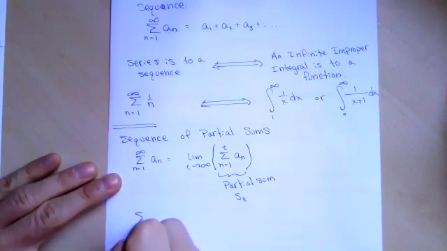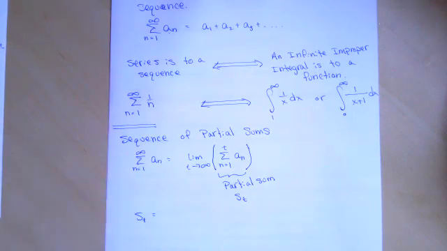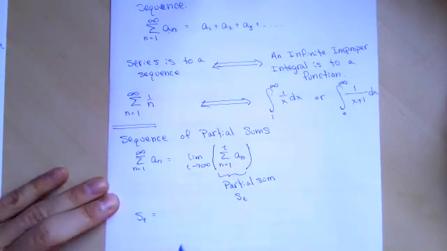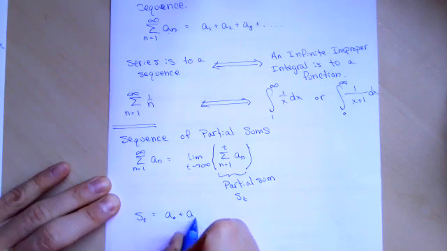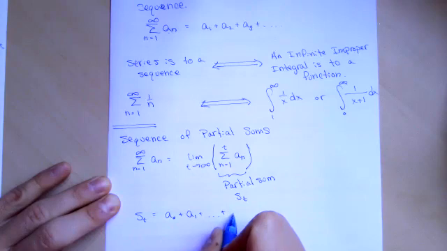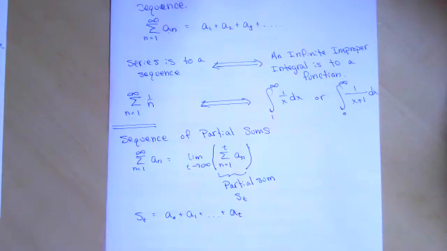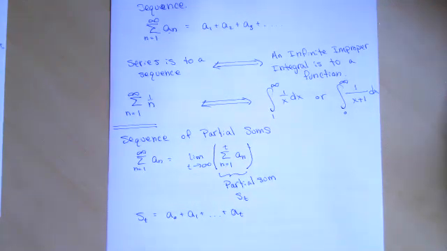So instead of adding up all infinitely many terms, S sub t just says add up the first t number of terms and see what you get. It's a finite number because we're adding up only finitely many terms.